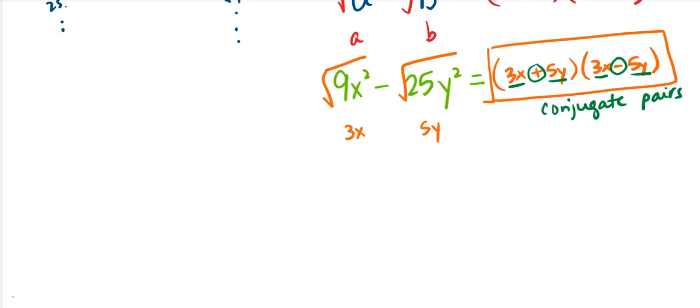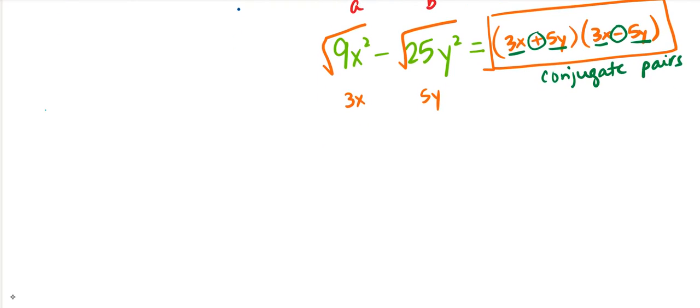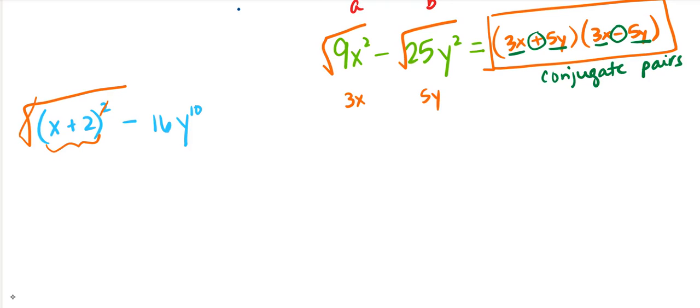Let's do one more just to help us out with a couple of other little topics that are involved in this. Let's say we had, let's make this x plus 2 parentheses squared minus 16y to the 10th. So that looks a little intimidating compared to what we were doing. However, really shouldn't be that bad. If I square root x plus 2 squared, since the entire thing was squared, they cancel and I get just x plus 2.